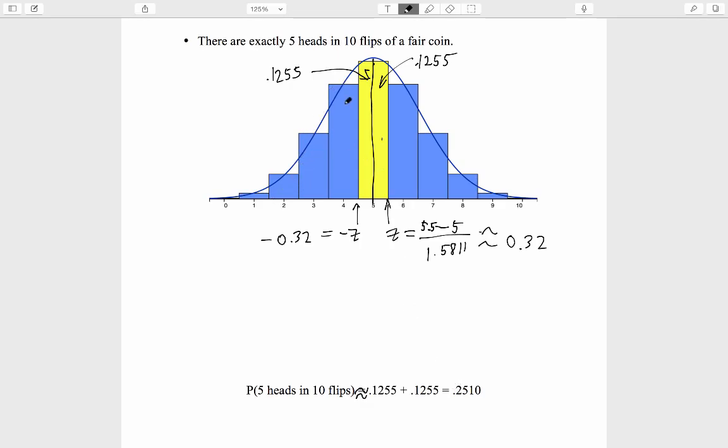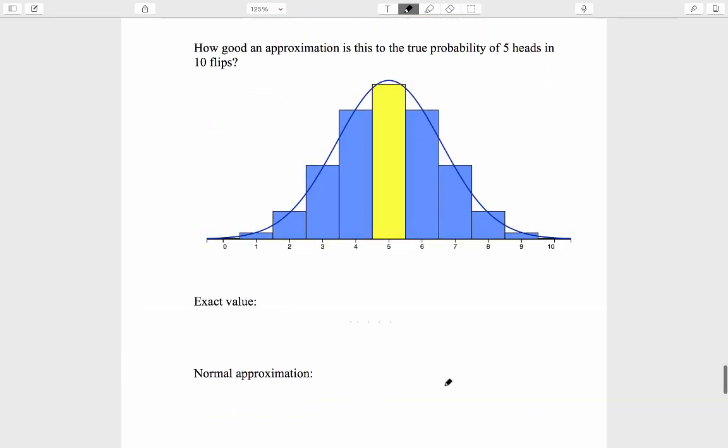If we painted in all the area underneath the curve and looked between negative z and positive z and asked what fraction of the area under the curve lives in this region, it would come out to be 0.2510 of the total area under the curve. Now, that's just an approximation, and we can ask how good an approximation is it?